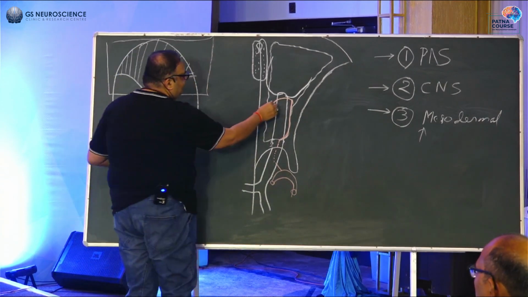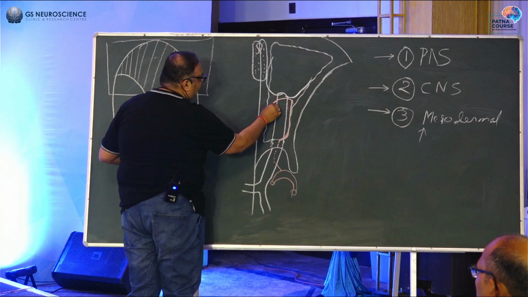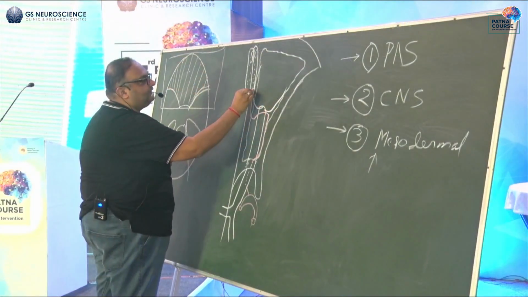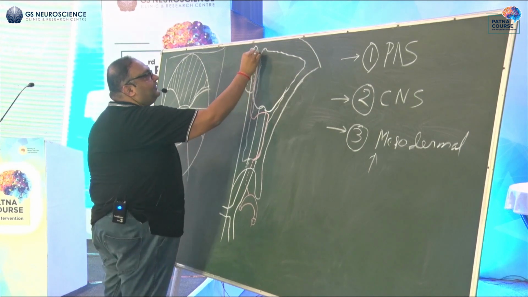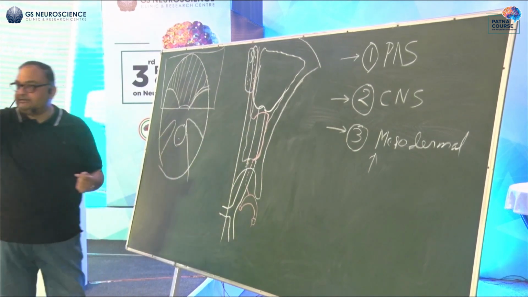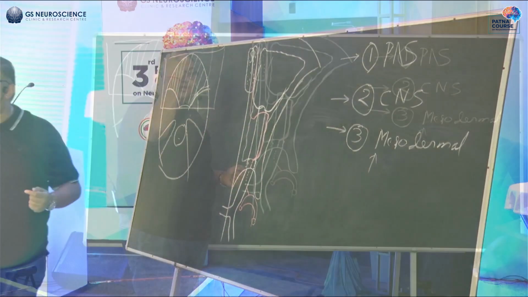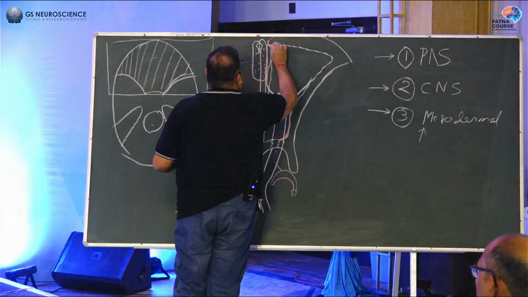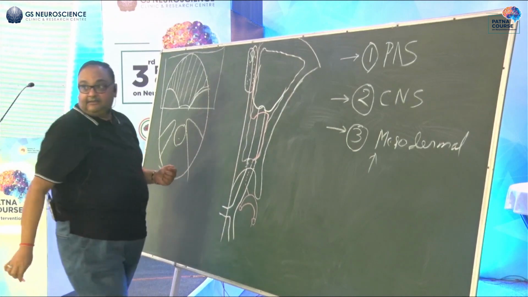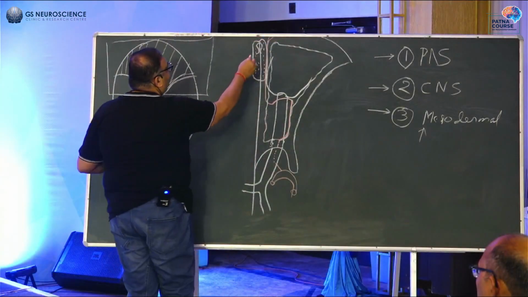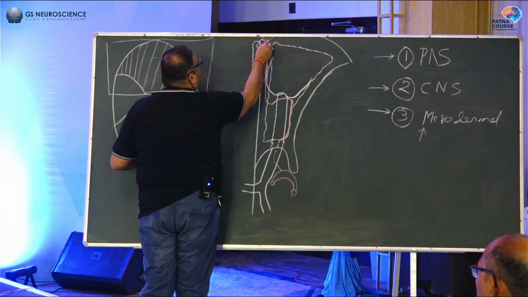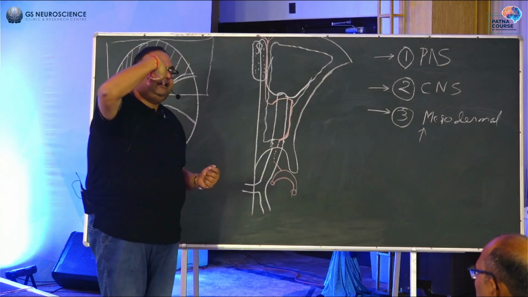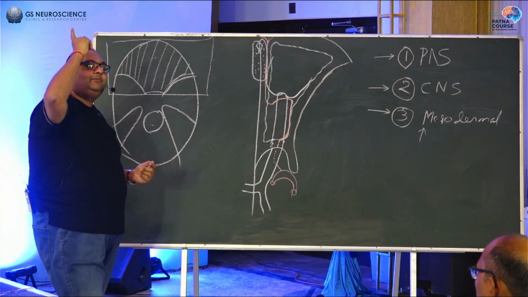And once it reaches the medial aspect of the globe, from here it continues along the medial part of the orbit to ultimately emerge at the edge of the orbit and contribute to the supraorbital and the supratrochlear arteries, and also give a medial branch which descends downwards and goes to the nasal cavity, where it anastomoses with a branch of the facial artery.